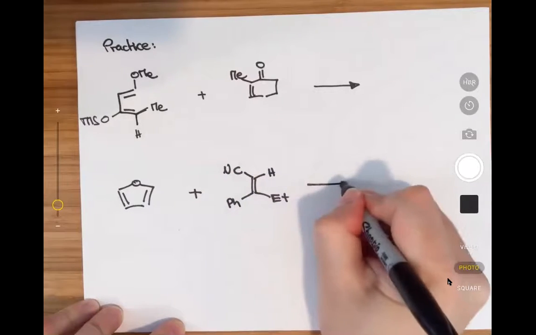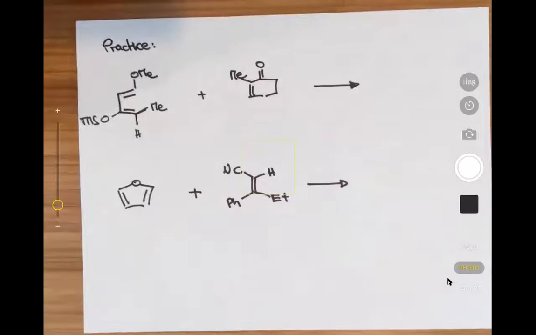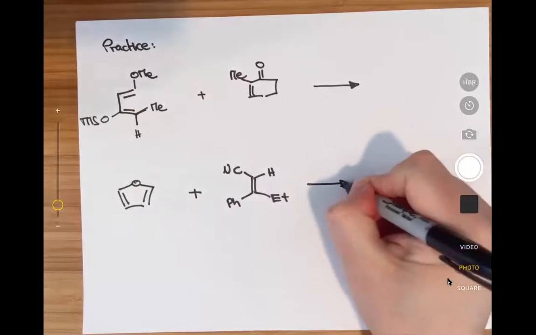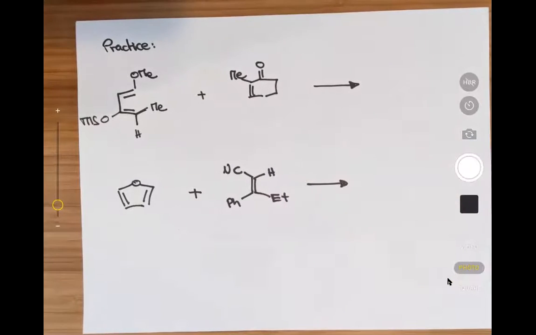And try to figure out what the two enantiomeric products of this reaction are going to be, right? So we have a couple of these problems also in the problem set. This is just to practice what we have gone over in the first part of this lecture today.